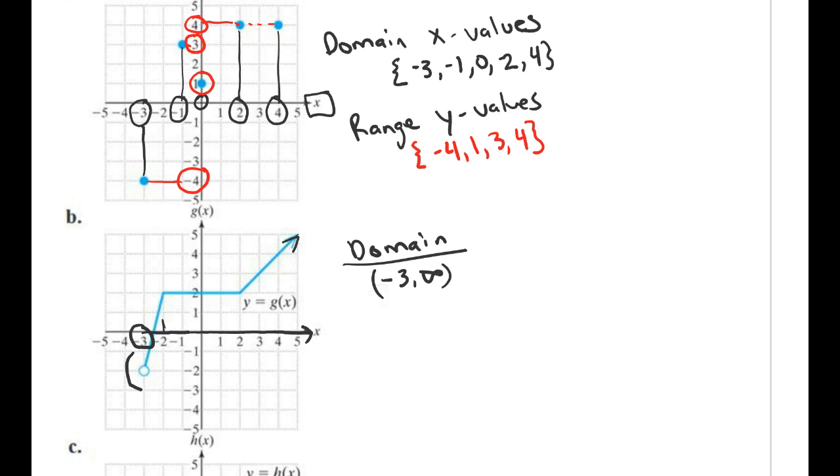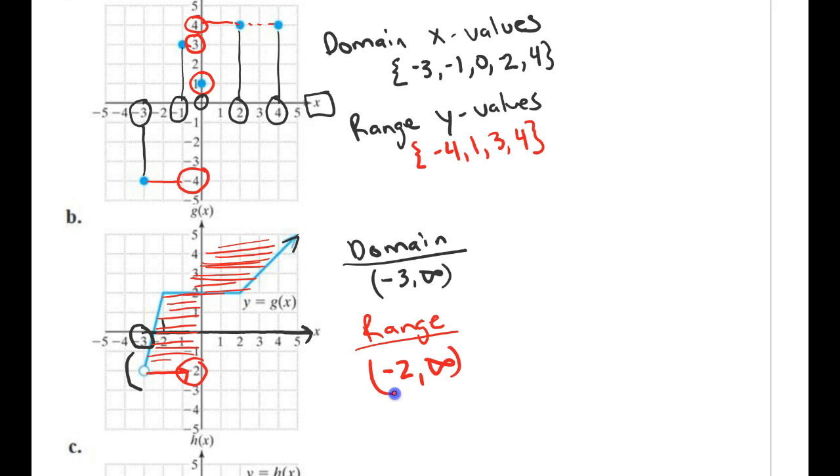The range is going to be the output values, right? So it's going to output -2. All these are outputs. And continue to output all the way to infinity. So -2 to infinity there.